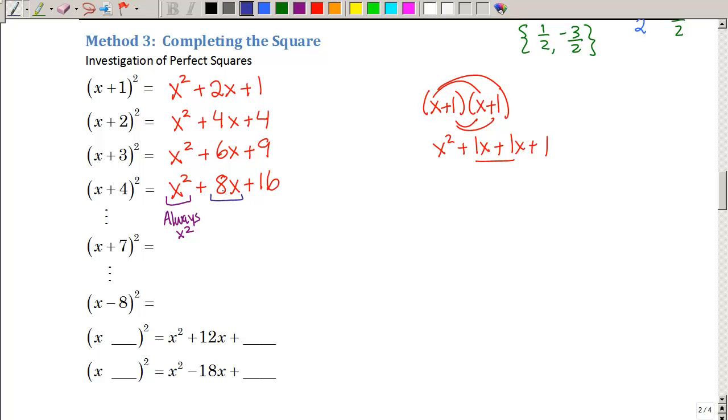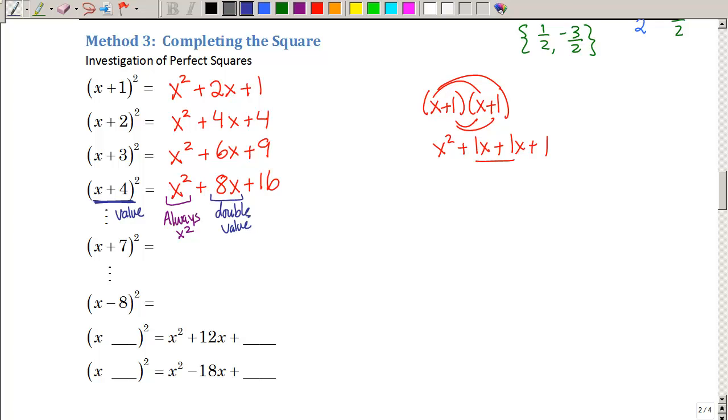But also I want to relate it to the binomial that's being squared. If you notice, the numbers 2, 4, 6, and 8 are all double 1, 2, 3, and 4, the numbers we found in the binomial squared. So what we have here is double this value found in the binomial.